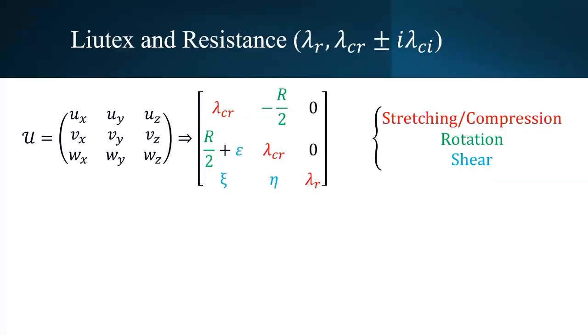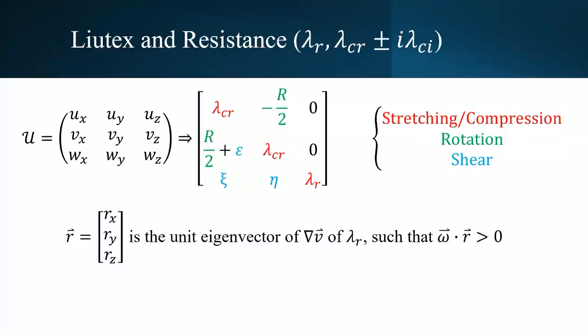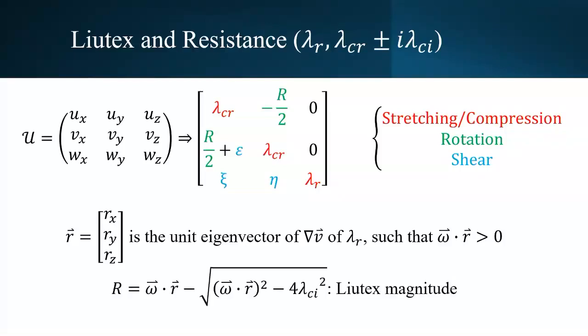And the shear term, which is epsilon, c, and eta, the nilpotent part, I mark it in blue. To find the magnitude of this R, we need to find the unit eigenvector of this U with respect to the real eigenvalue lambda r. We also require that omega dot r has to be positive. And thus, we have this formula to find the Liutex magnitude R.